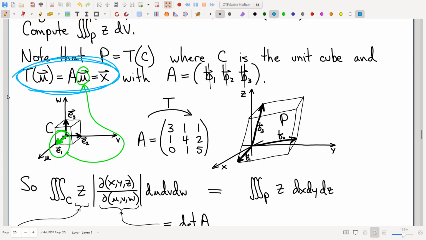What do you get when you multiply a matrix times a standard basis vector? Now again, one of the cornerstone, most useful and fundamental facts about matrix algebra and linear algebra is that a matrix times a standard basis vector gives you the corresponding column. So this image output vector is the corresponding column.